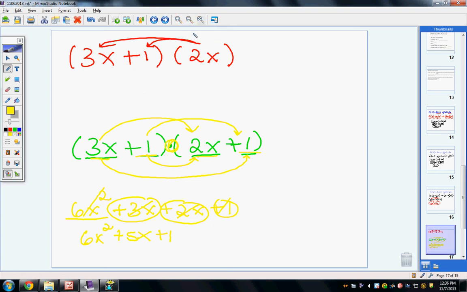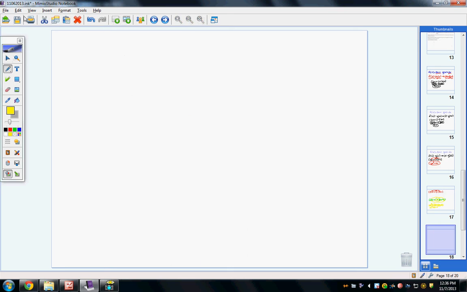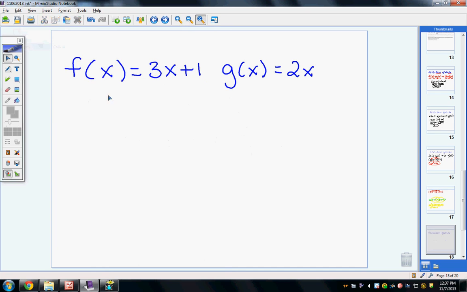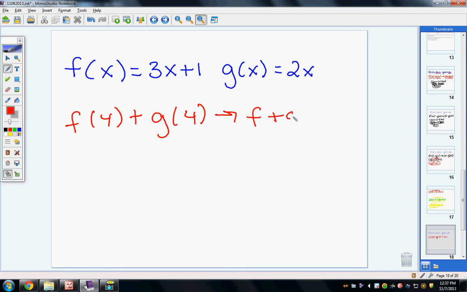Let me show you one other example, and this is where sometimes you are going to see a problem like f of 4 plus g of 4, which again could be written f plus g of 4. They mean the exact same thing.